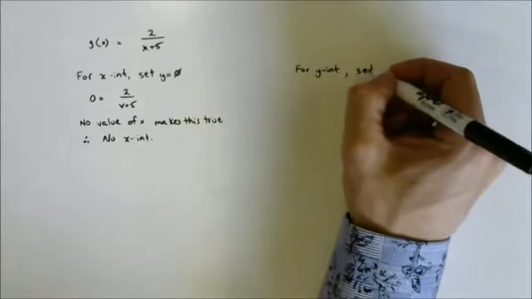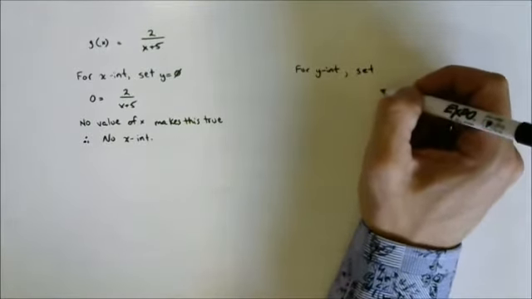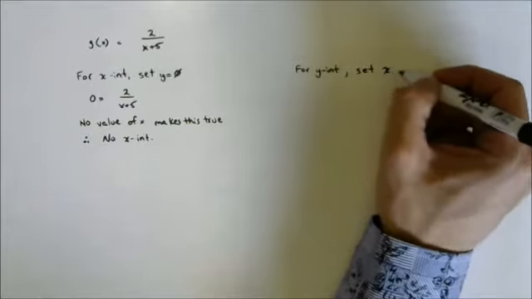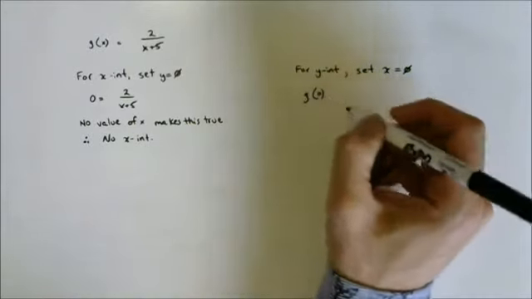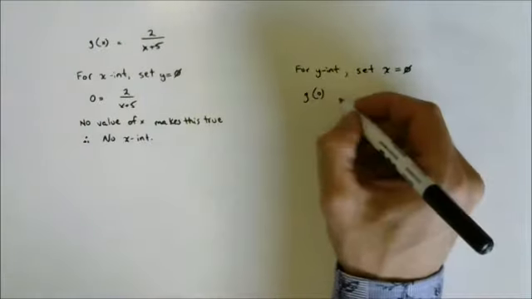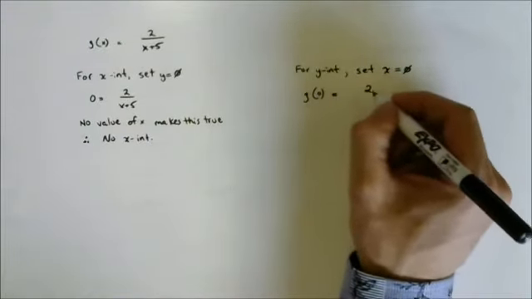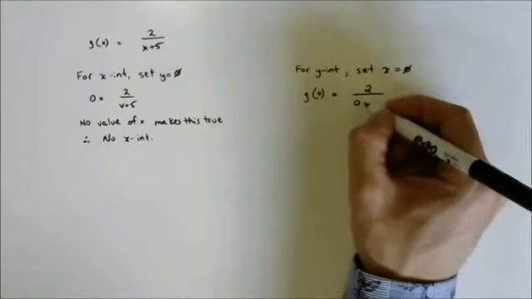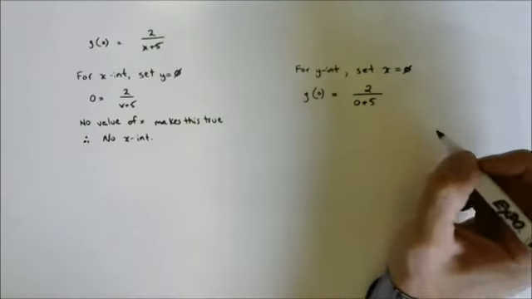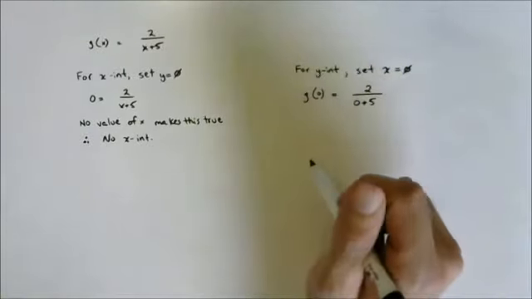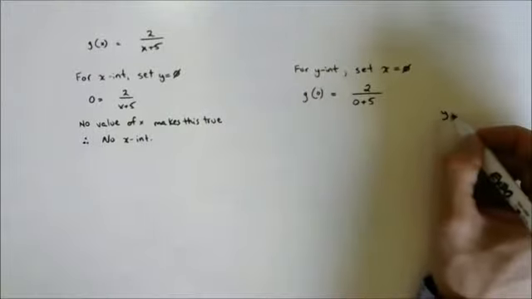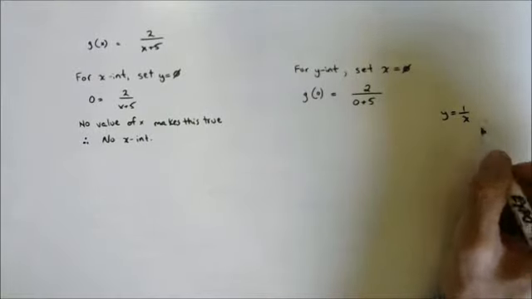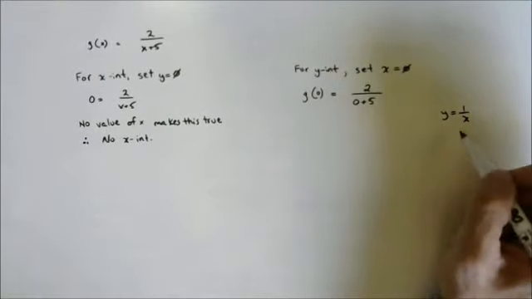What about to find the y-intercept? How do we do that? You set x to 0, so we have g of 0. Subbing in 0 for x, we've got g of 0, which is 2 over 0 plus 5. In y equals 1 over x, you don't have an x-intercept or a y-intercept.